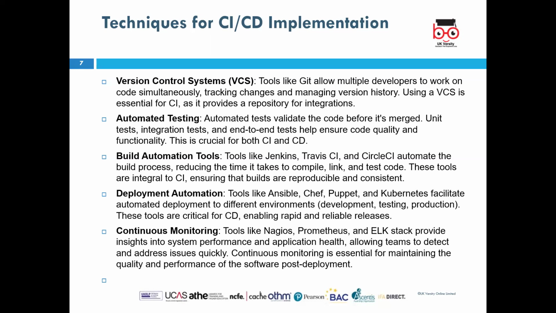And as I mentioned, there are various types of tools depending on what testing we're doing. For example, when it comes to automation testing, we will use tools like Selenium.